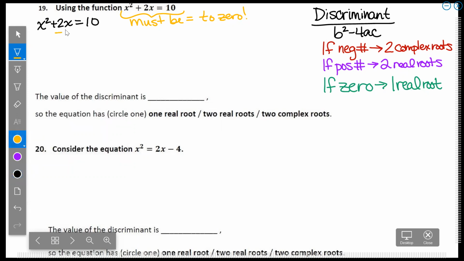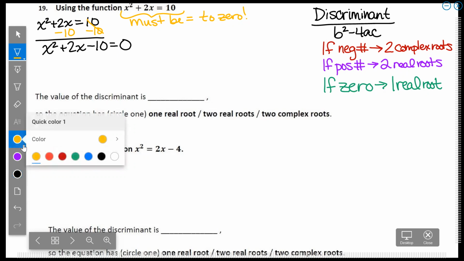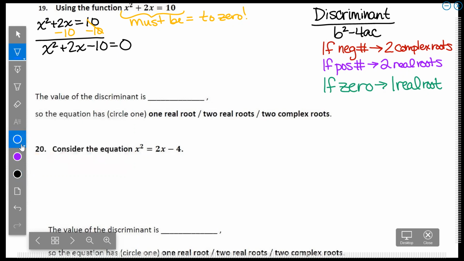I'm going to minus 10 from both sides. x squared plus 2x minus 10 equals 0. So what are we using for a? What are we using for b? What are we using for c? 1, 2, and negative 10. 1 for a, 2 for b, and negative 10 for c.